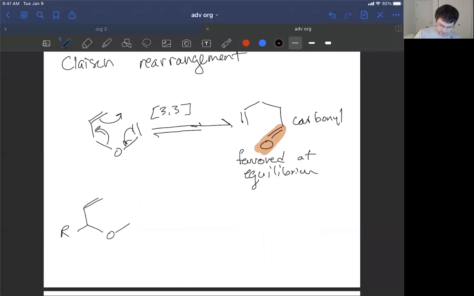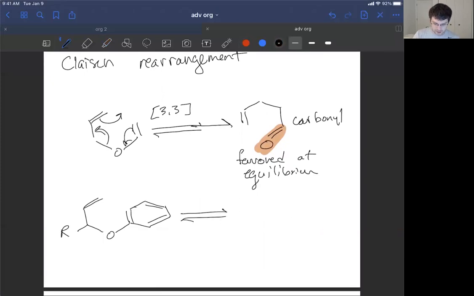So we're putting the oxygen within our 1,5-hexadiene system. But now the example from the book is that one of the alkenes is actually part of an aromatic moiety. That is, it's part of a benzene ring. So we have a phenol allyl ether.